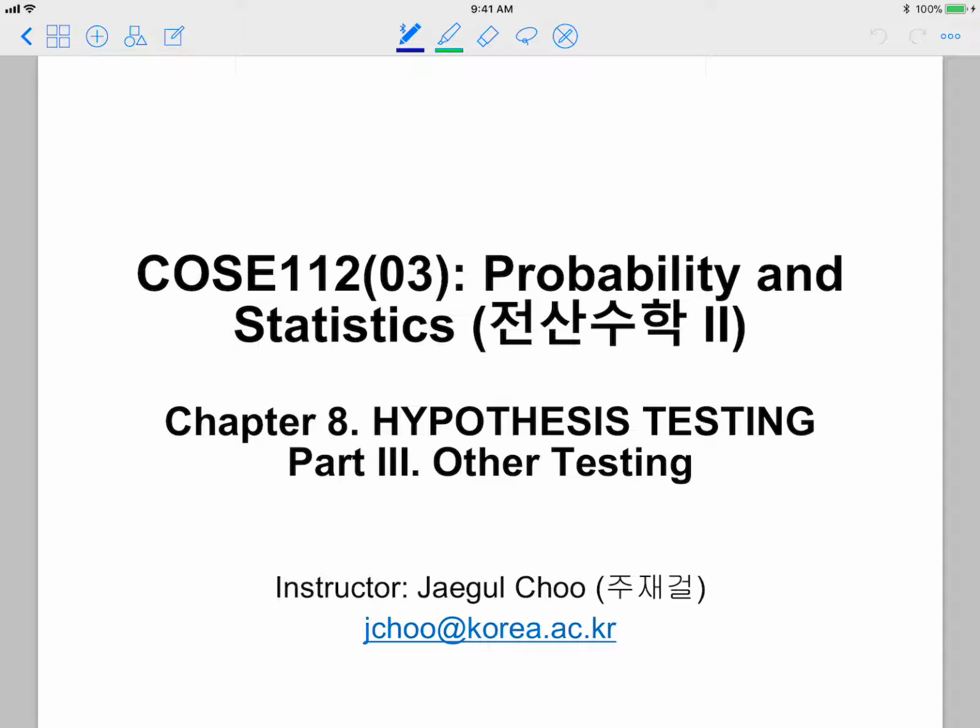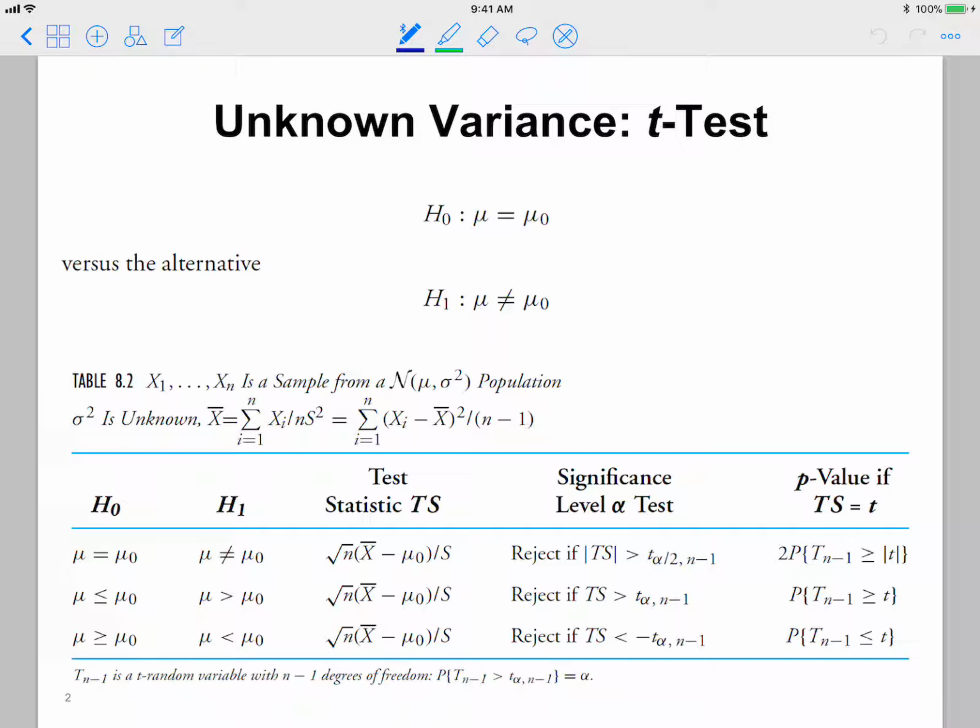Okay, so we will continue studying this hypothesis testing. Until last time, we studied testing the mean, whether the mean is the same between the two when the variance is known.